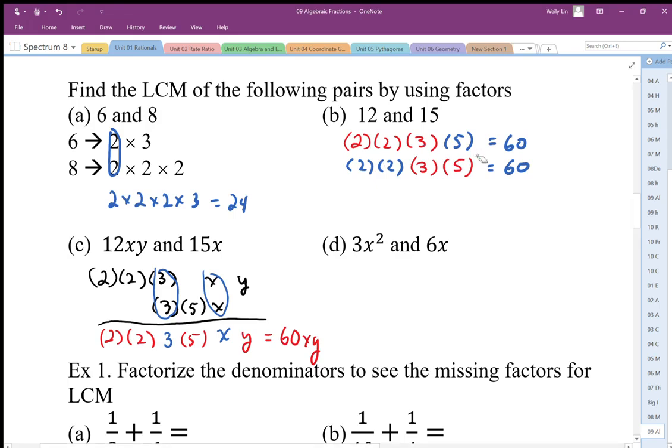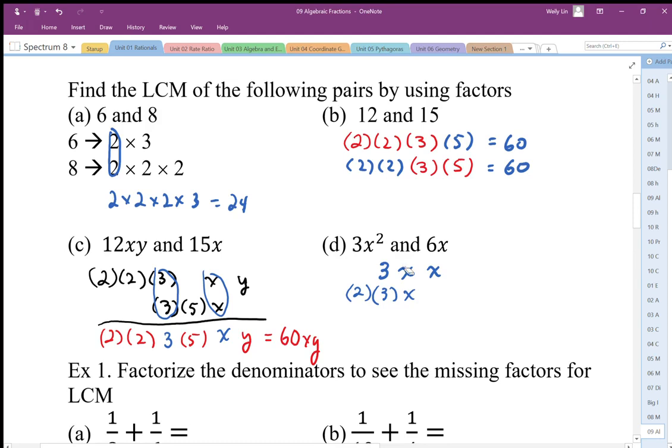So I'm going to do it in this way this time, where we're going to take a look at all the factors of 3x squared. So 3 times x times x. And we can look at 6 as 2 times 3 times x. Okay, and the first guy, 3 times x squared, is looking down below him.